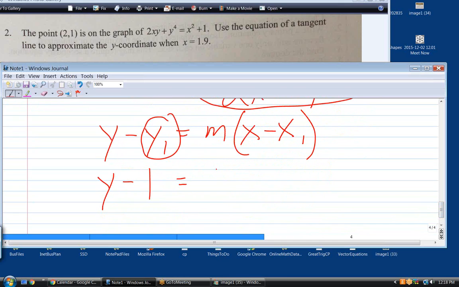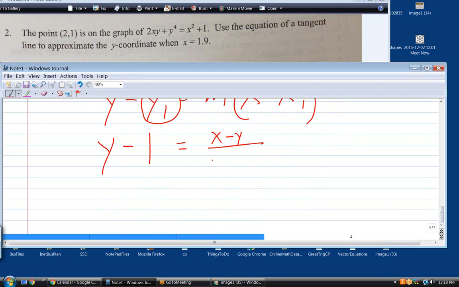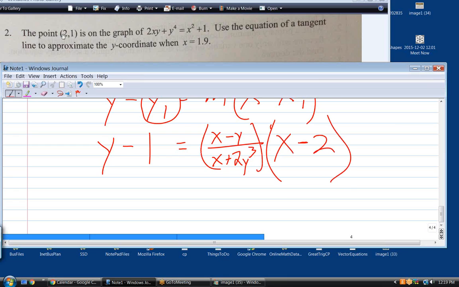So I can simplify that a little bit. That's x minus y all over x plus 2y cubed. That's the slope. And x minus 2 is the x point.